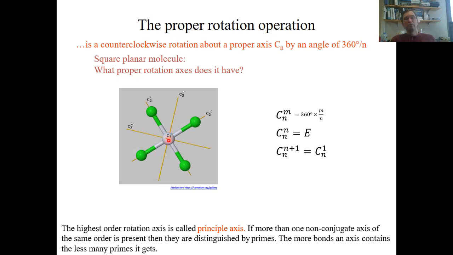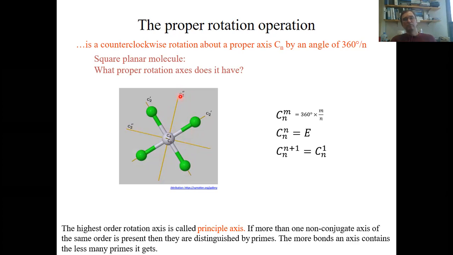So now we have even more C2 axes. We have actually C2 axes that go through the bonds of the molecule. You see these two here. But in addition to that, we have also C2 axes that bisect the angle between 2 chloro atoms and the platinum atom.